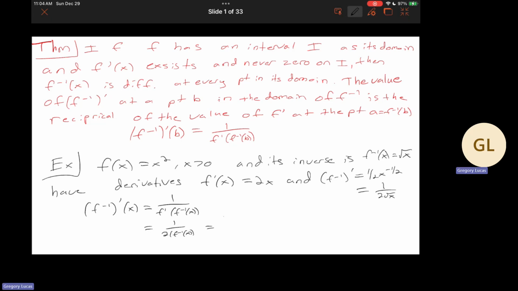And this is 1 over 2 root x. And we just said that was true. If we take the derivative of the inverse, it's the same thing as 1 over the derivative of the original function, and we then get that inverse. So here we had a whole function, but let's look at a point. Since without finding the inverse, we wouldn't be able to do this.